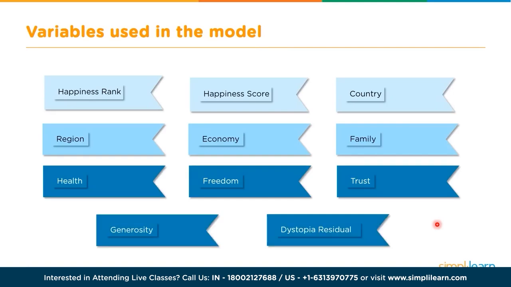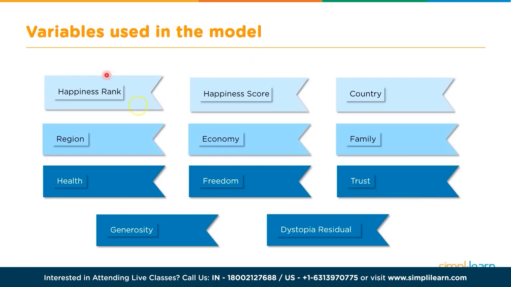I'll show you the data in a little bit so it becomes clear. There is a happiness rank and a happiness score, where the score is more like an absolute value, whereas rank is the ranking. Then which country we are talking about, within that country which region, what kind of economy, family, health details, freedom, trust, generosity, and so on and so forth.